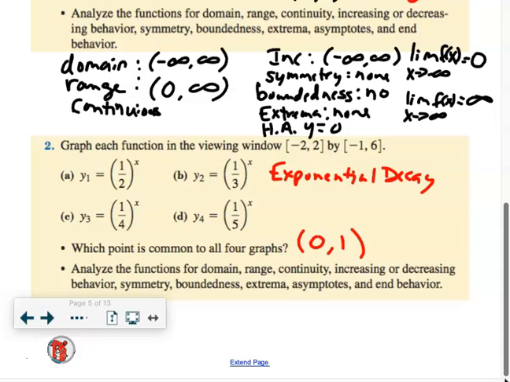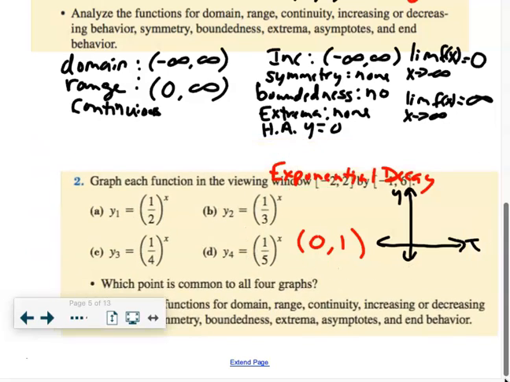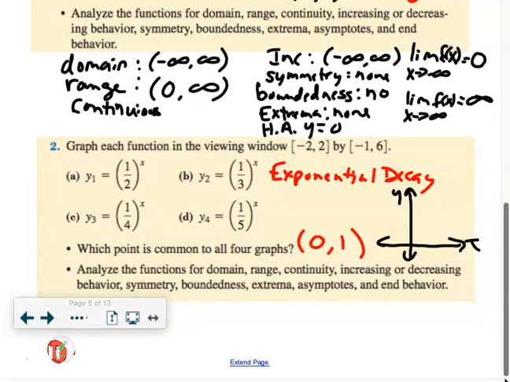And then again, we are supposed to analyze these. So, in our head, we want to envision that basic exponential decay graph.